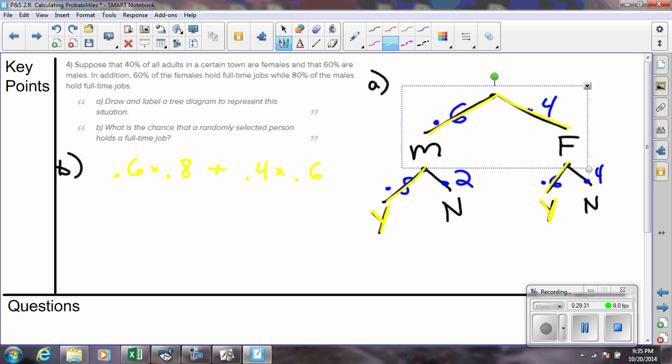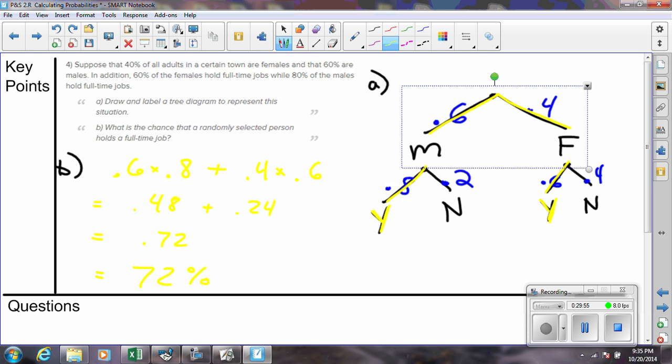So when we have these numbers, we've got our answer. Just crunching them, 0.8 times 0.6, that's 0.48. 0.4 times 0.6 is 0.24. And when we add those up, 0.48 plus 0.24, that's 0.72, which of course tells us 72%.